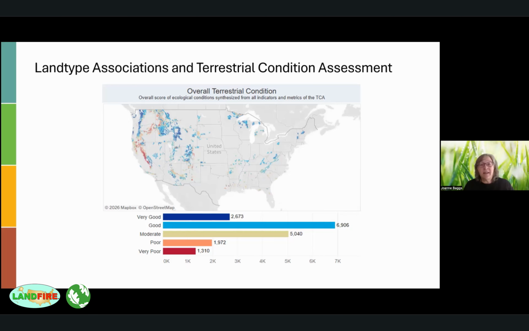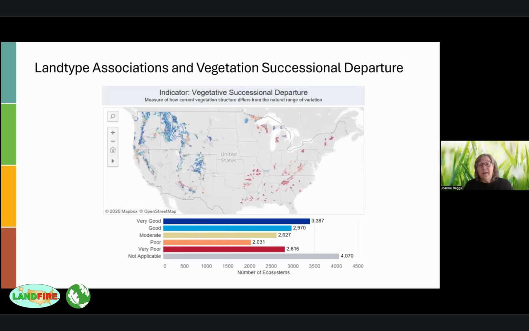Next slide, Sarah. I did want to highlight that we use vegetation successional departure as one of our indicators. The TCA is a set of indicators that we bring together into an overall condition, but we can also do a deep dive into different indicators.